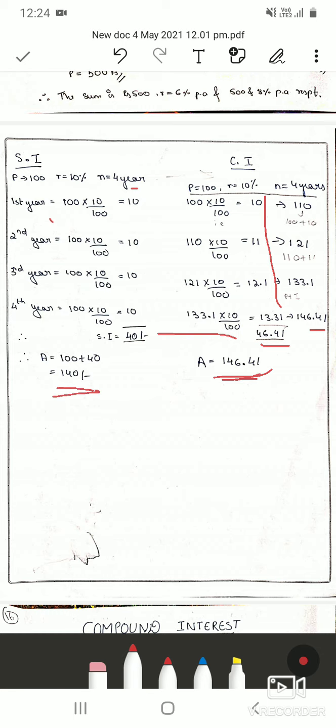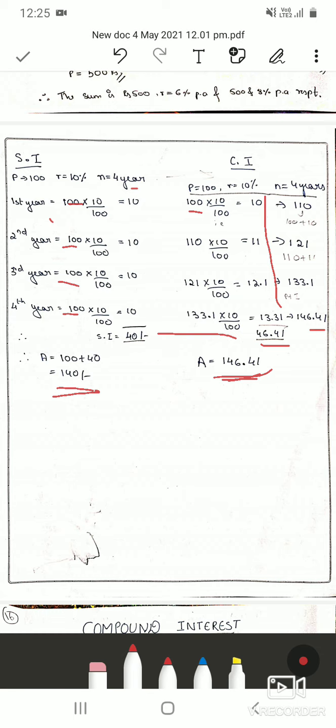Also you can see the amount at the end of the 4 years is 146.41, that is, 6 rupees more you have to pay. And here you have to note, in the case of simple interest the principal amount remains the same throughout the 4 years or whatever the time limit may be.